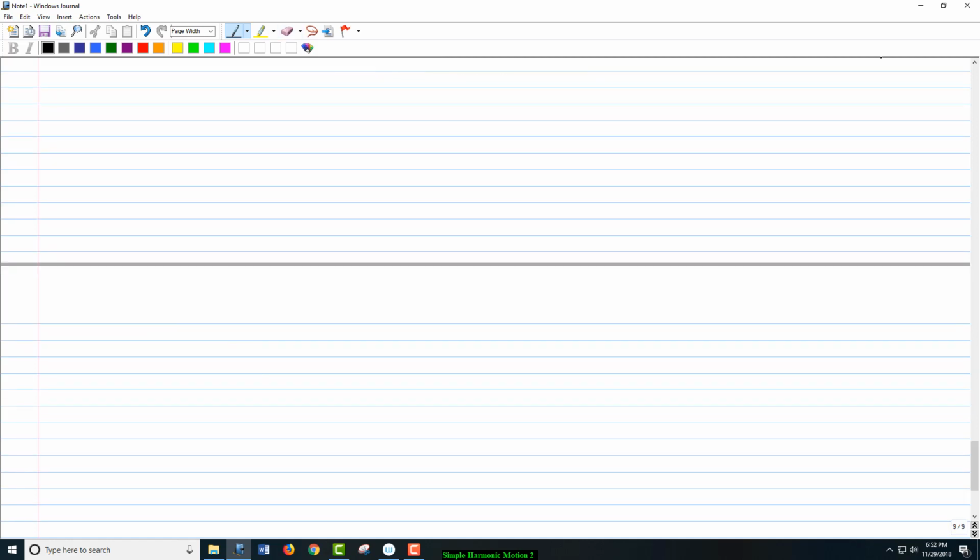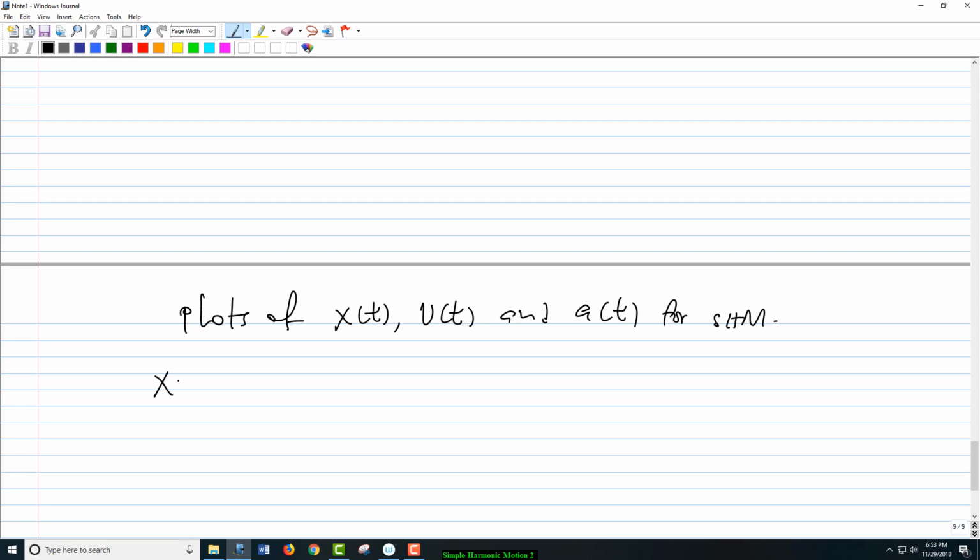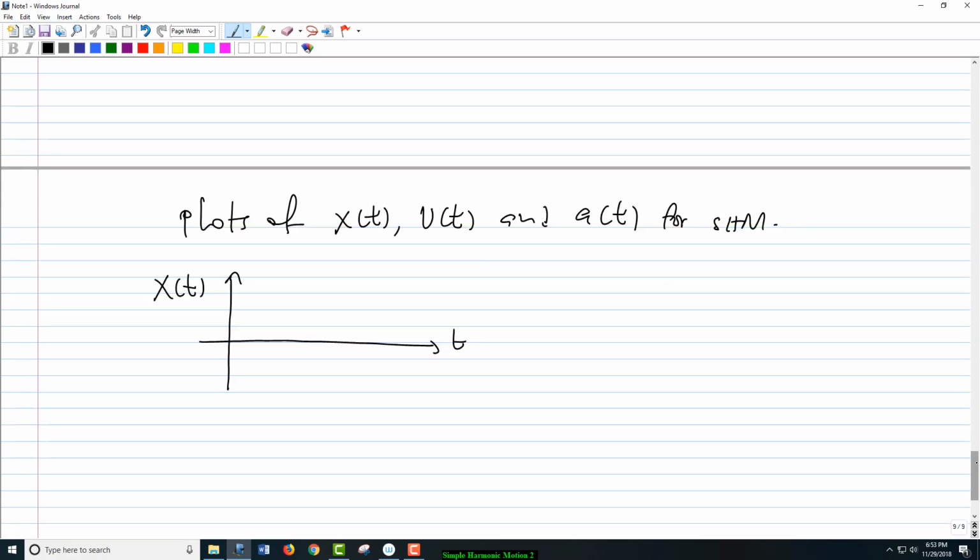Okay, so we can now plot the graphs of the displacement, velocity, and acceleration for a particle in simple harmonic motion. I'm using SHM for simple harmonic motion. So let's plot x of t first. Because the displacement is a cosine graph based upon our solution to the differential equation, we can start off this way as a cosine graph. This is a, and this is minus a.